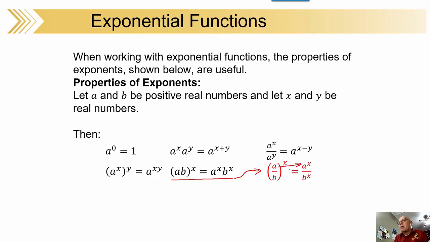A gets the exponent, and B gets the exponent. So if you have 5 over 17 to the 3rd, another way of calculating it could be cubing the 5, cubing the 17, and keeping the fraction.